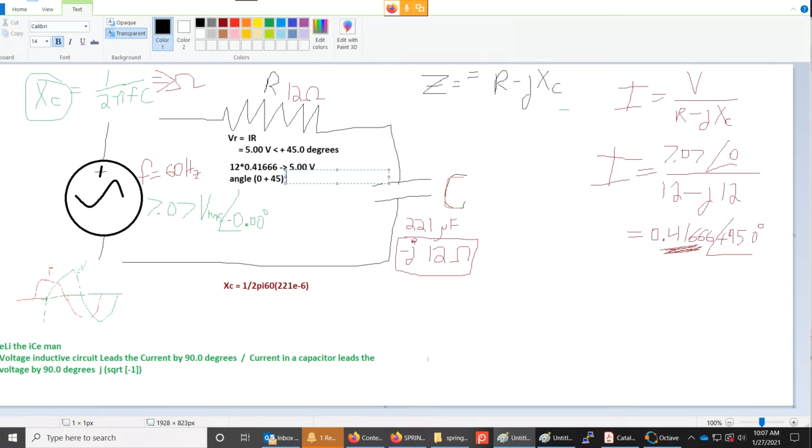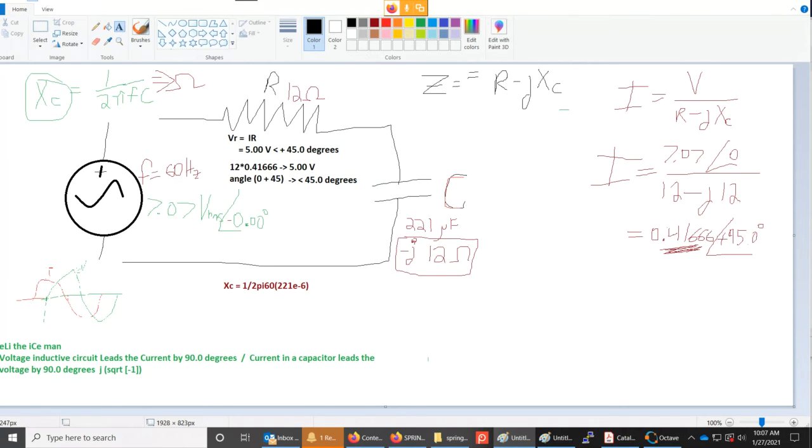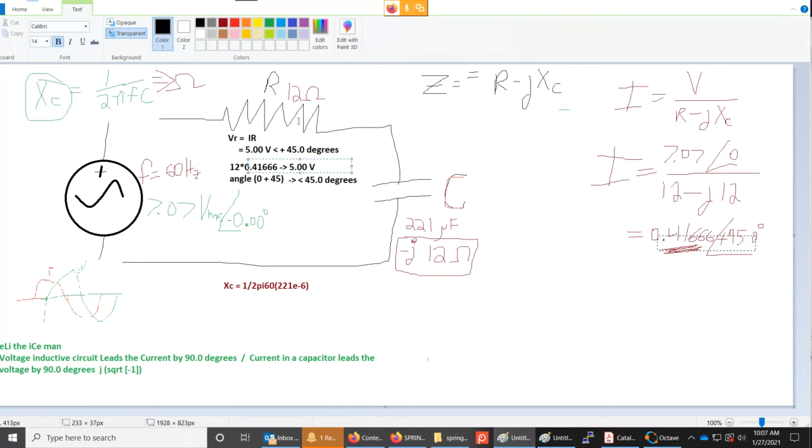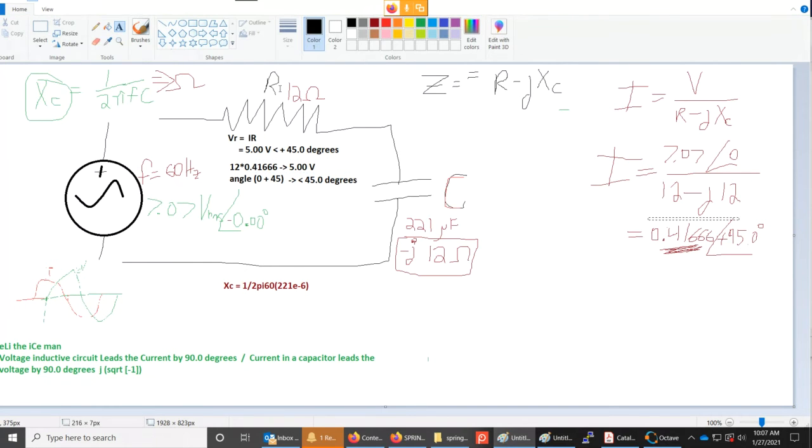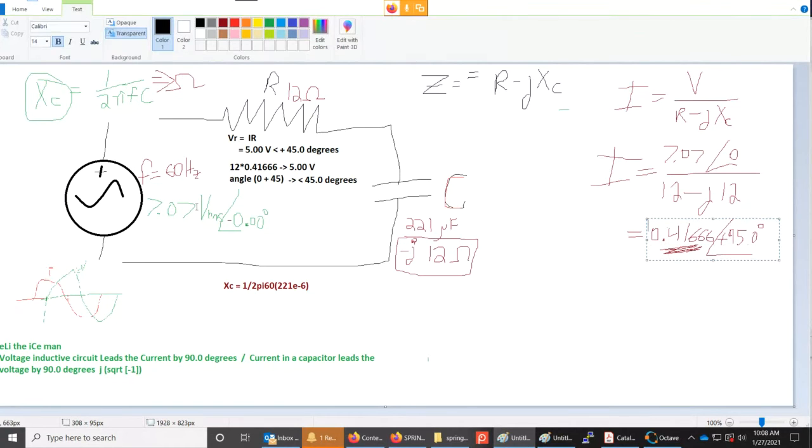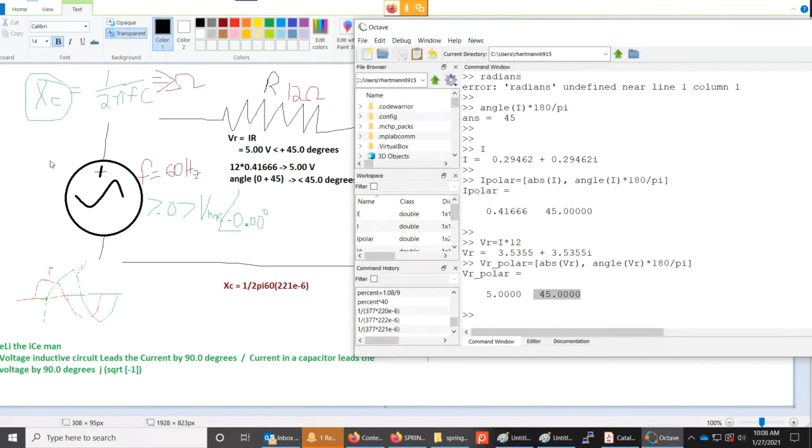Plus 45 degrees gives you your angle of 45 degrees. So yes, you can just do the polar form. That will work if you're doing it one step at a time.